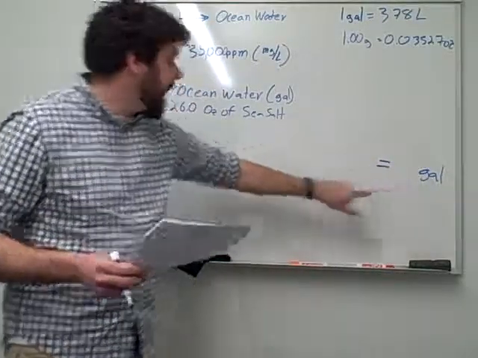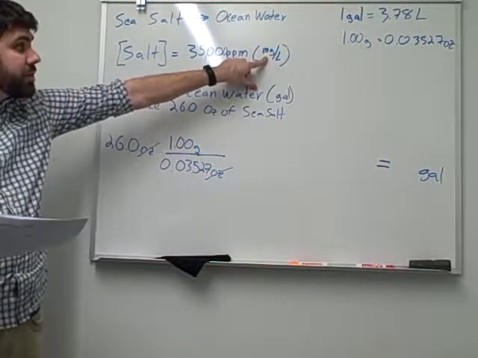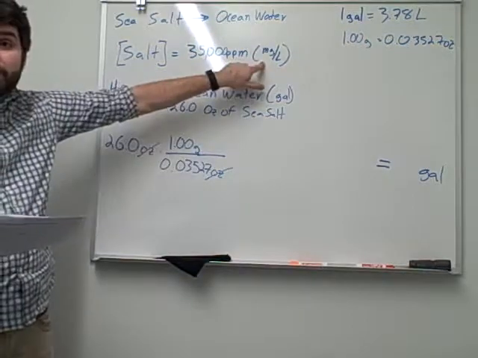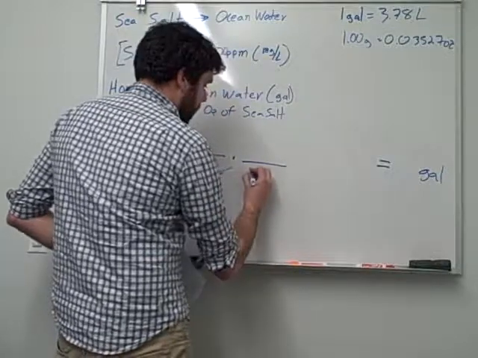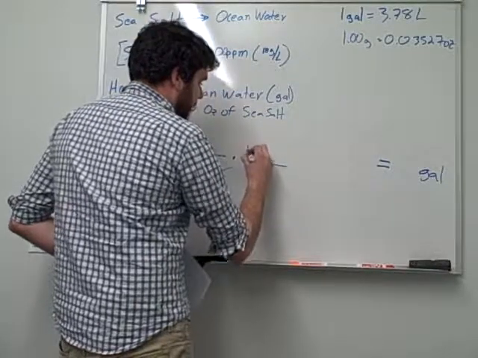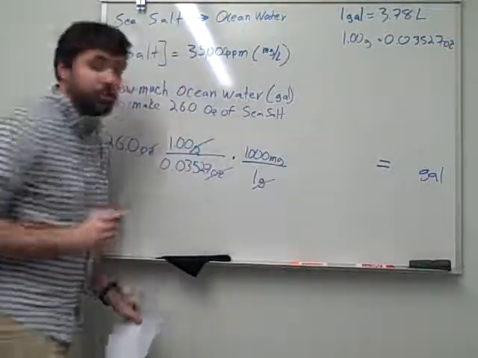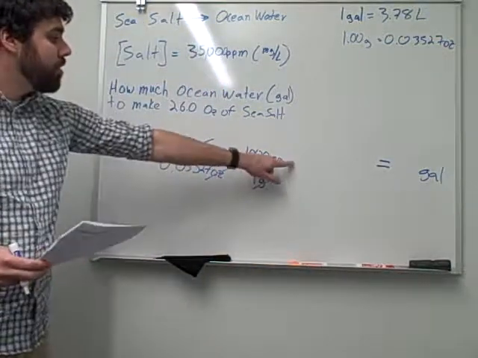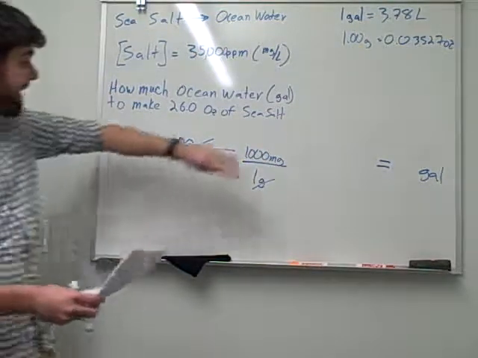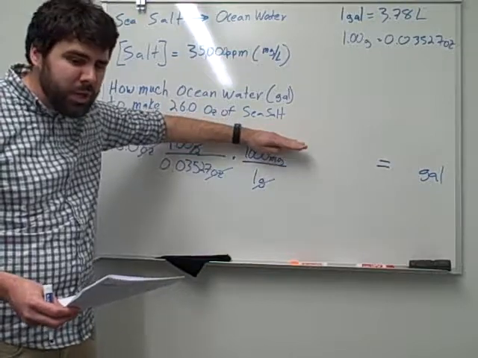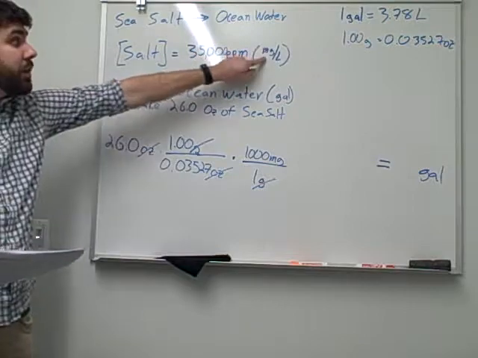So now we know we're getting closer to our milligrams per liter concentration here. But remember, grams is not equal to milligrams. We're going to have to convert that first. There are 1,000 milligrams in 1 gram. And now we're essentially saying, okay, we've got this 26 ounces of sea salt, which is converted into how many milligrams that is. We know how much of that we're going to need, and we have a concentration of salt in milligrams per liter.